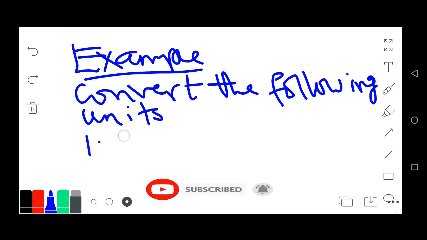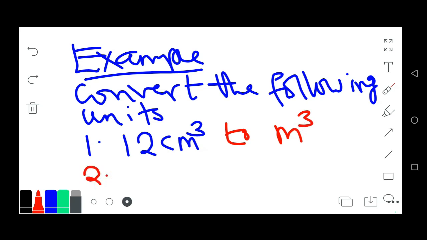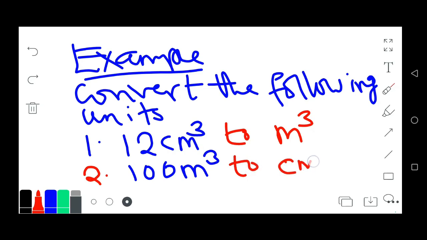Number one, for example, let's say 12 cubic centimeters to meter cubic. And also maybe number two, let's convert 100 meter cubic to centimeter cubic.